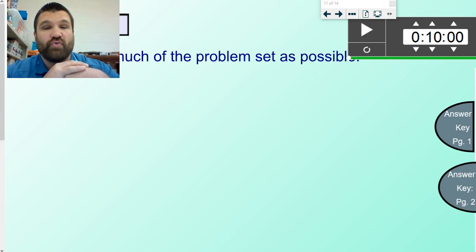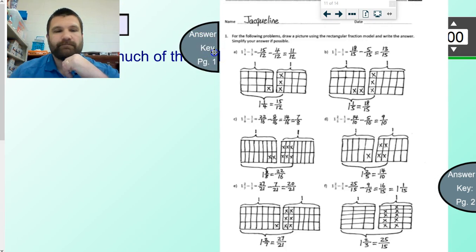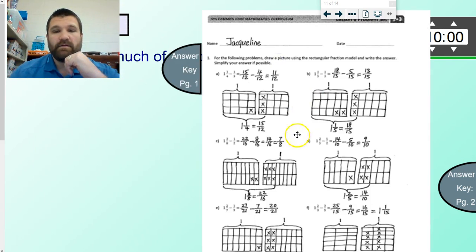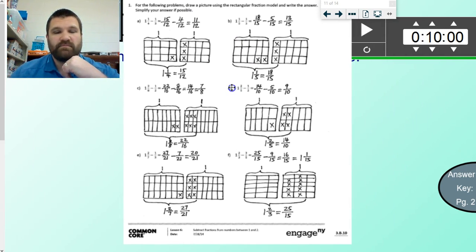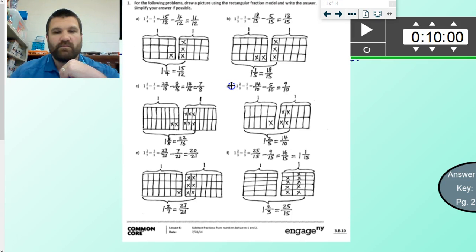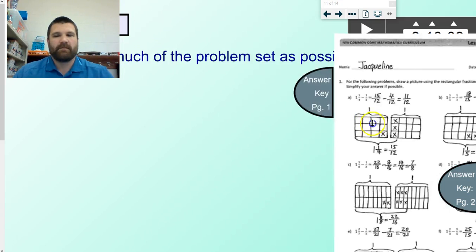Make sure you show your work and do your best. Okay, so for the first page, remember this is to check your answers. You could always pause this. I'm about to hide it and do out the other one. Okay?